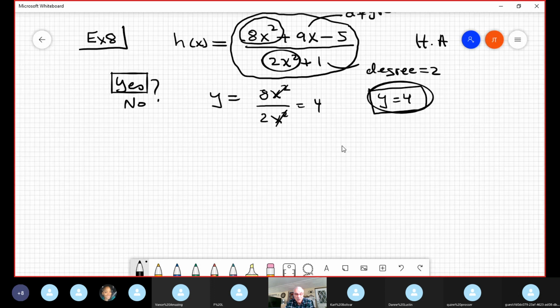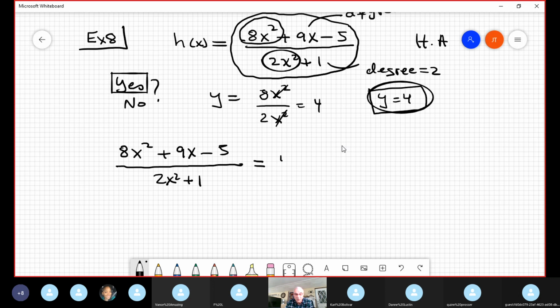You copy the original rational function and you force it to be equal to 4. Maybe if this is impossible, it never crosses, this equation has no solution. But if this equation has a solution, obviously, yes, it touches.